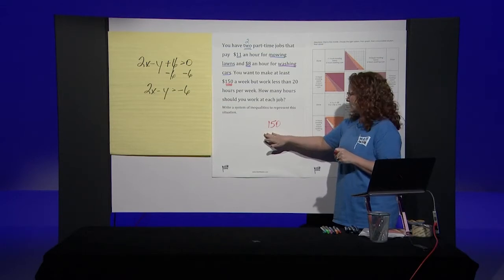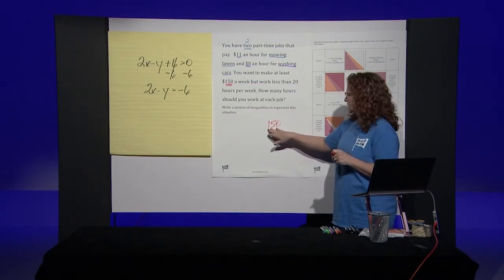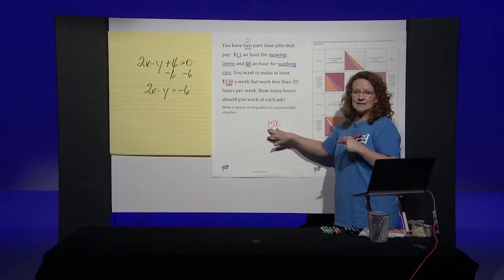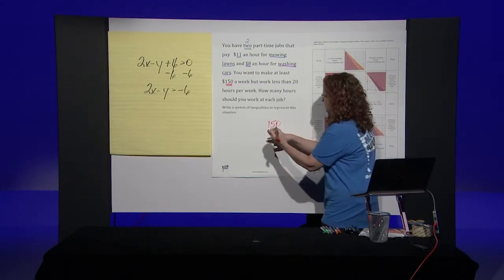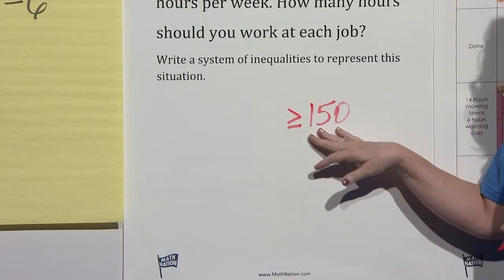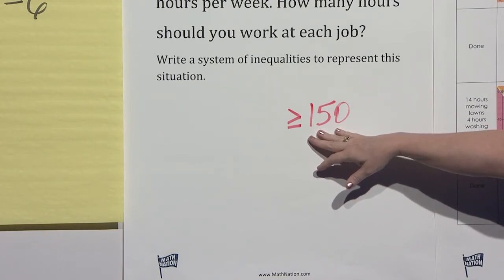At least, does that mean it's going to be greater than $150 or less than $150? Well, we talked about the tennis shoes, and that would mean that it is greater than $150. But it could also equal the $150 because we needed the $150 for the tennis shoes.